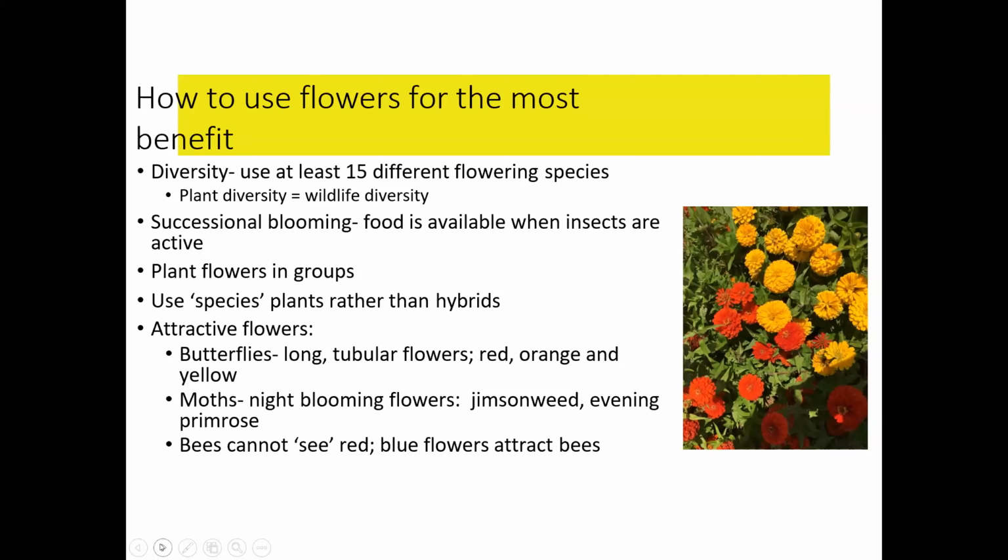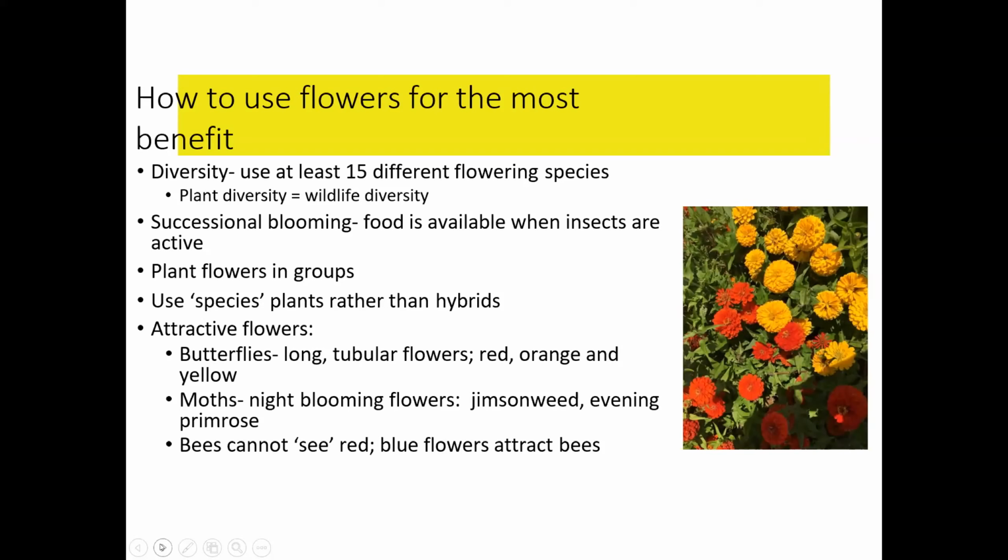So if you basically have something in bloom from May through October, you're going to support pollinators. Plant flowers in groups. This is kind of obvious. Not only does it look better from a landscape point of view, but insects can actually see groups of flowers better.